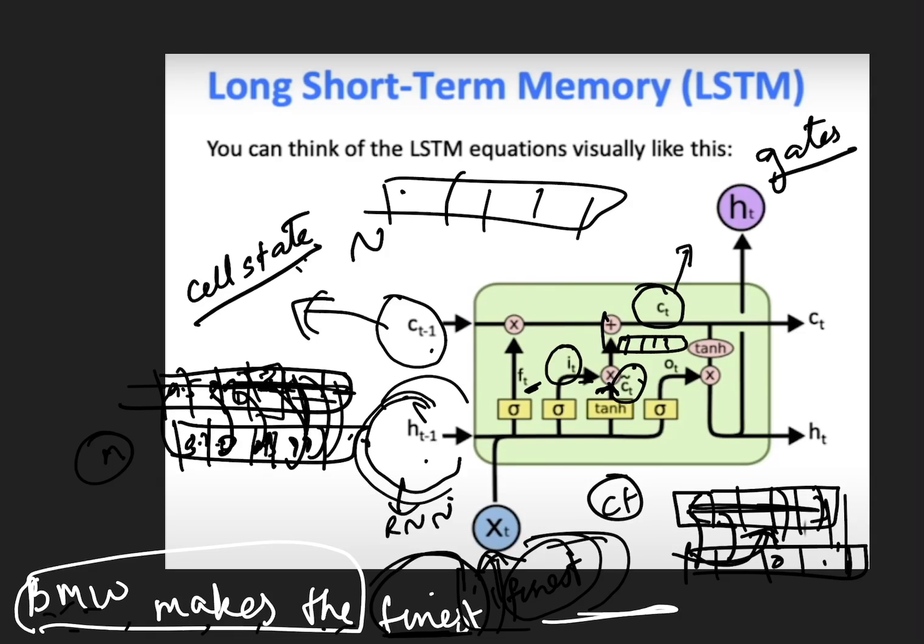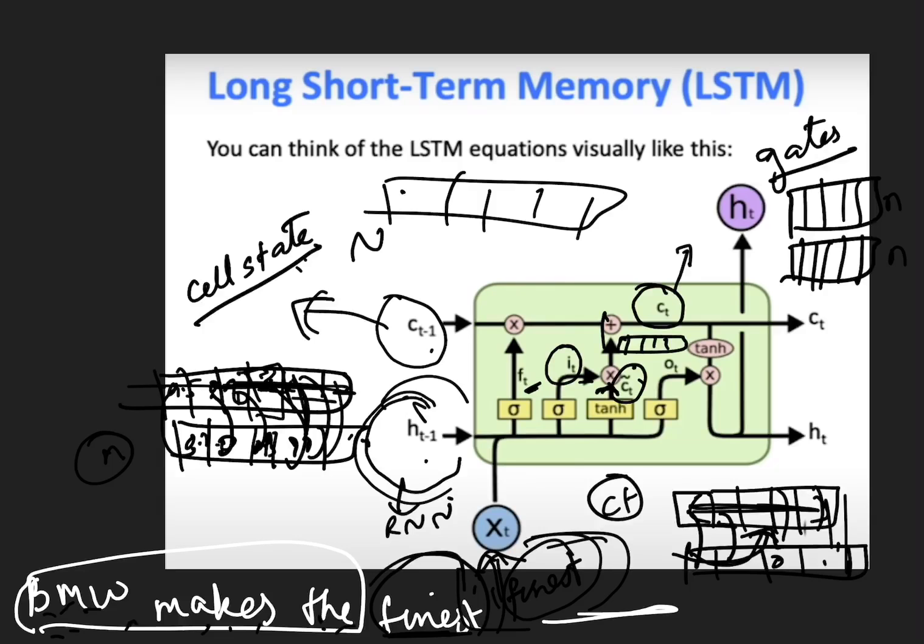So we've achieved our objective, which was to condense this piece of information. The beauty of it is that BMW makes the, these three words, were previously represented by an n-dimensional vector. After the word finest had come, these four words, BMW makes the finest, are now stored in an n-dimensional vector.